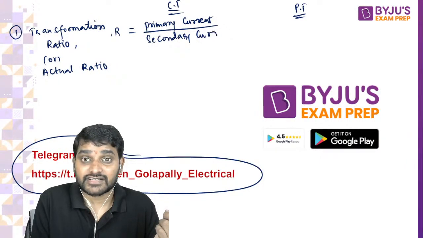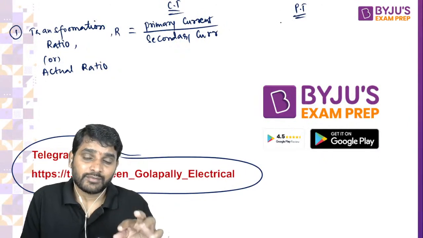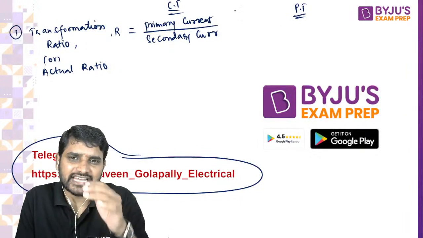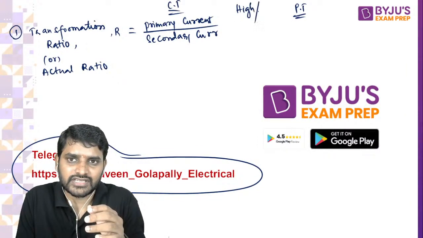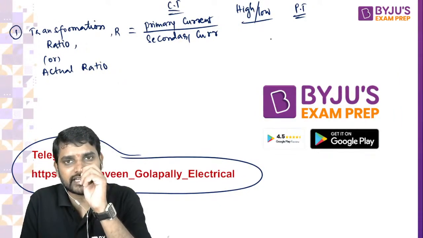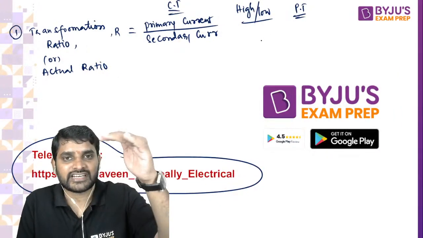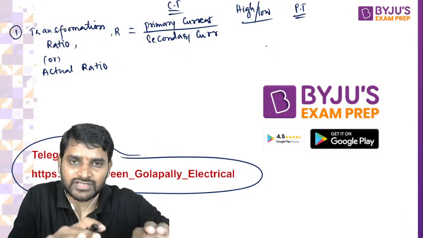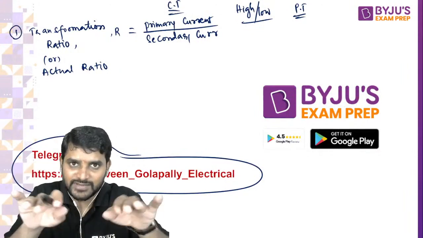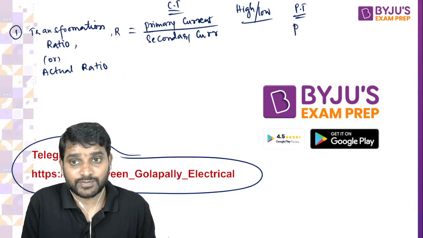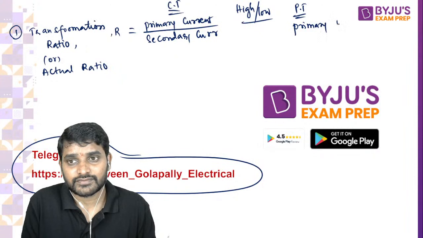These are not rated currents, okay? Similarly, PT, primary voltage is large, secondary voltage is small. So always write all the ratios high to low. Whether it is CT ratios or PT ratios, you write all the ratios high to low. Numerator is higher value, denominator is lower value. This makes the difference between the ratios of instrument transformers and power transformers. For PT transformation ratio, high voltage will be on the primary side, so primary voltage to secondary voltage.